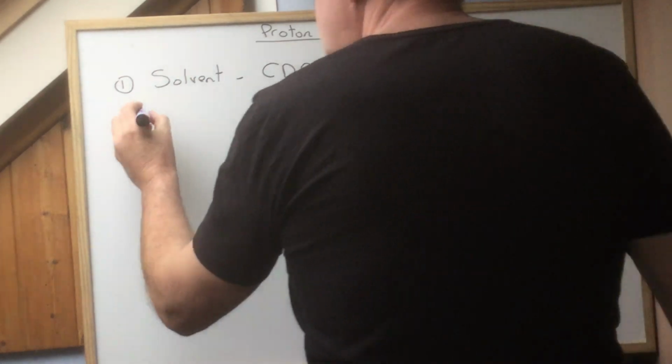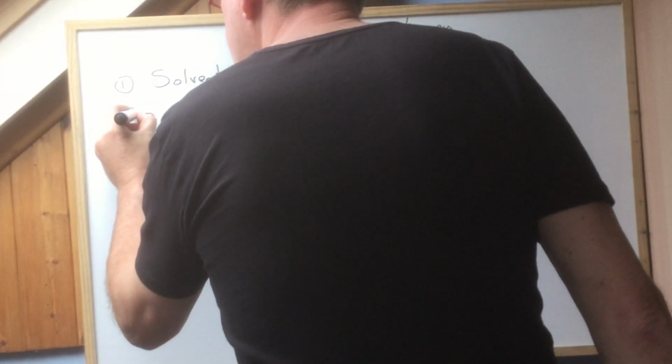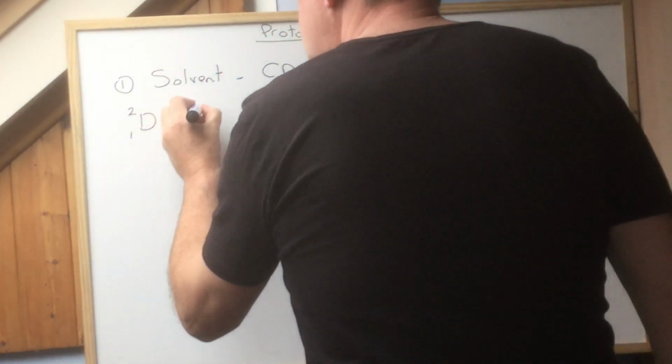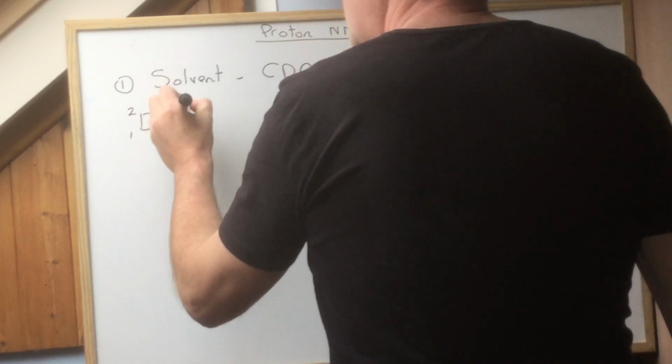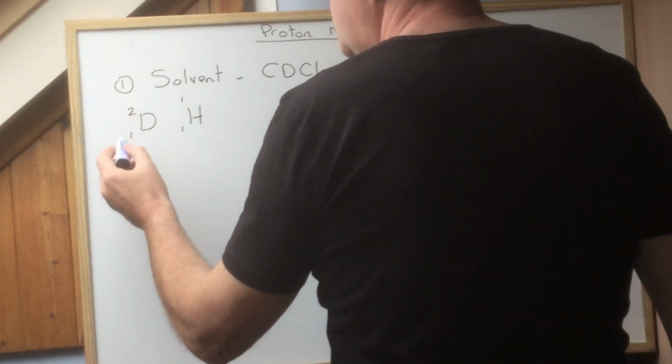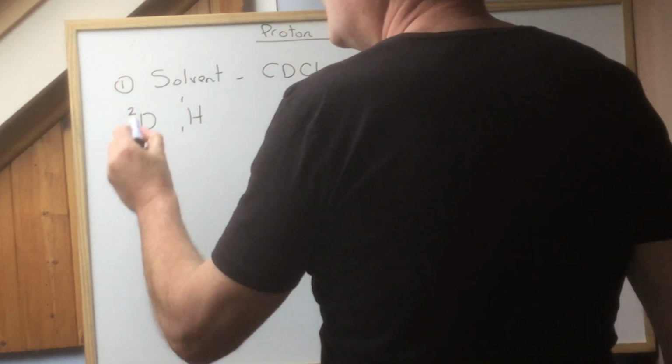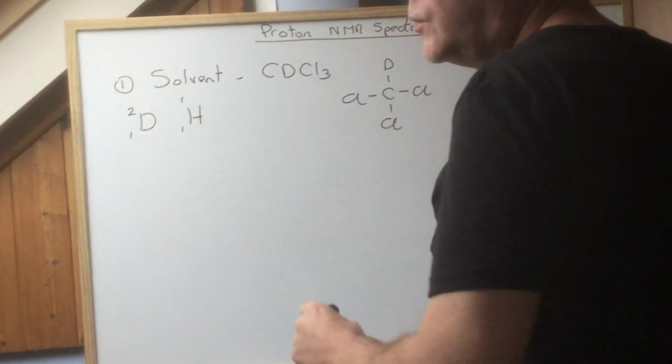That D, as you know, is deuterium, one of the isotopes of hydrogen. Okay, normal hydrogen, one proton, one electron. Deuterium, one proton, one neutron, one electron, and then there's tritium with two neutrons.